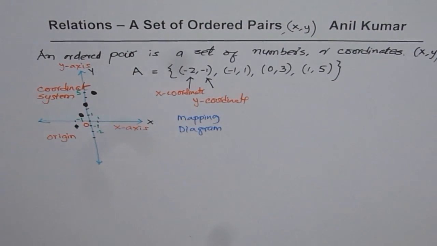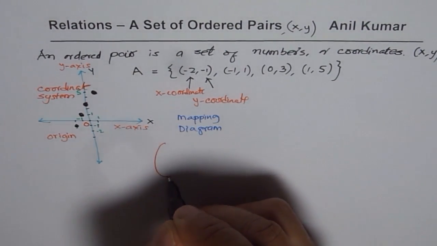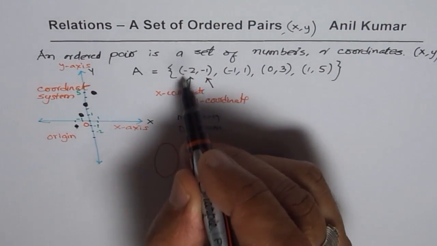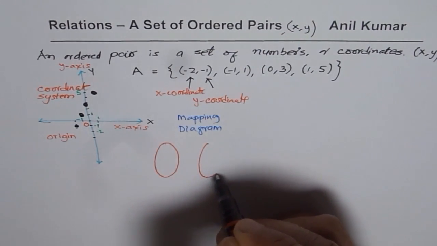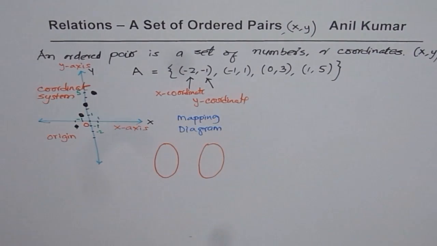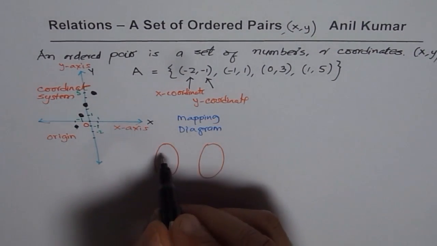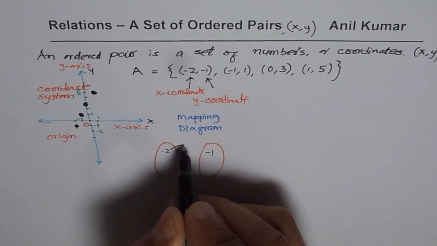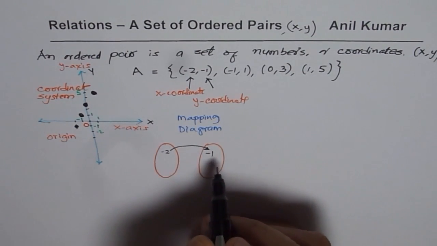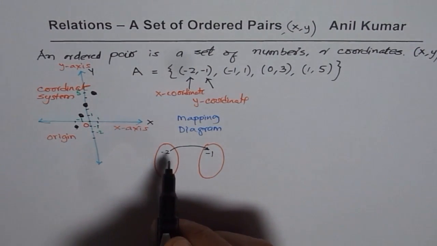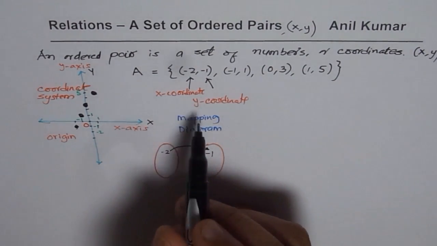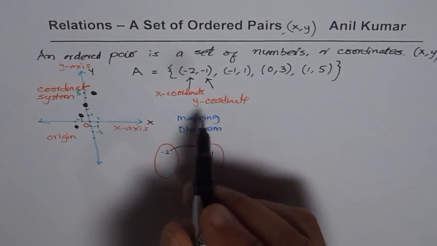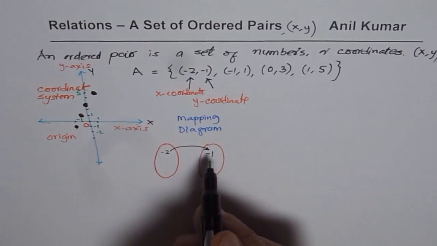In a mapping diagram, we have set A, which is the set of x coordinate points. Set B is the set of y coordinate points. So we can write -2 is related with -1, and that is how an arrow indicates the relation. The arrow originates from the x coordinates, which we also refer to as input, and the output is -1.